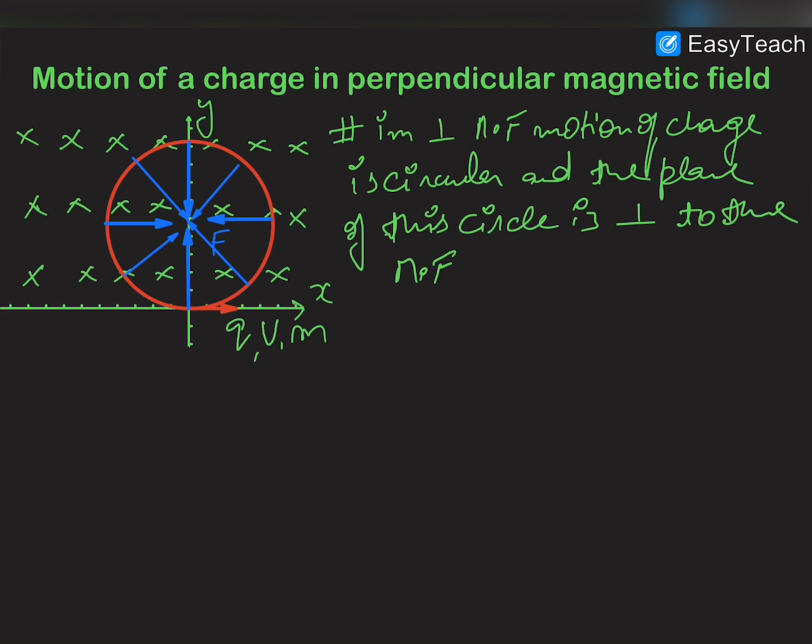You can see that in this case the circle is in the xy plane, and the magnetic field is pointing in the z direction.